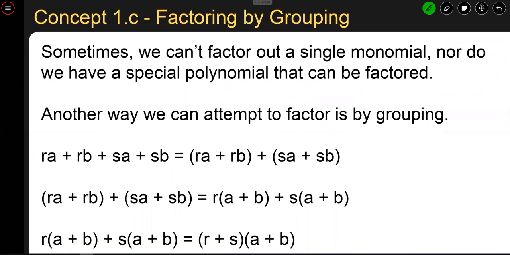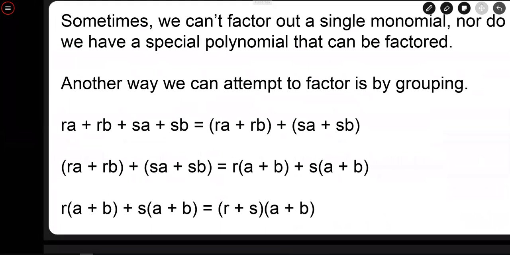So sometimes we'll have a situation where we've got maybe 4 terms, maybe 6 terms, some number of terms, and we'll notice that the first 2 values in the polynomial can both be divided by the same value r.